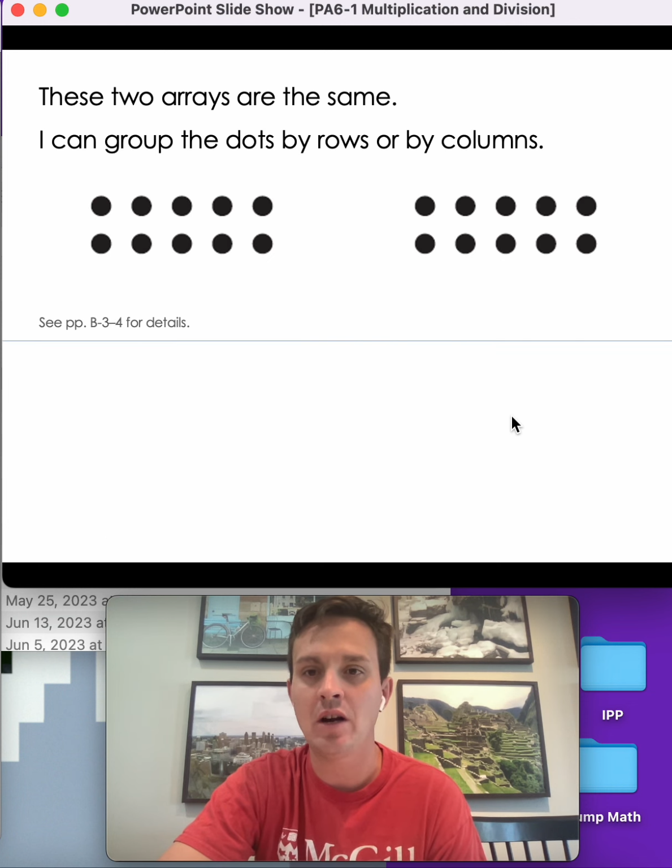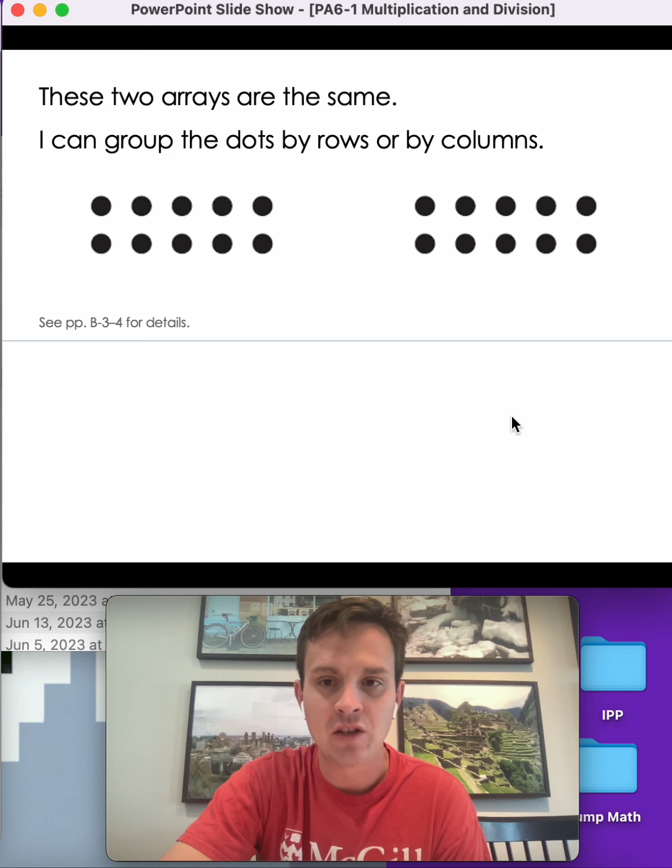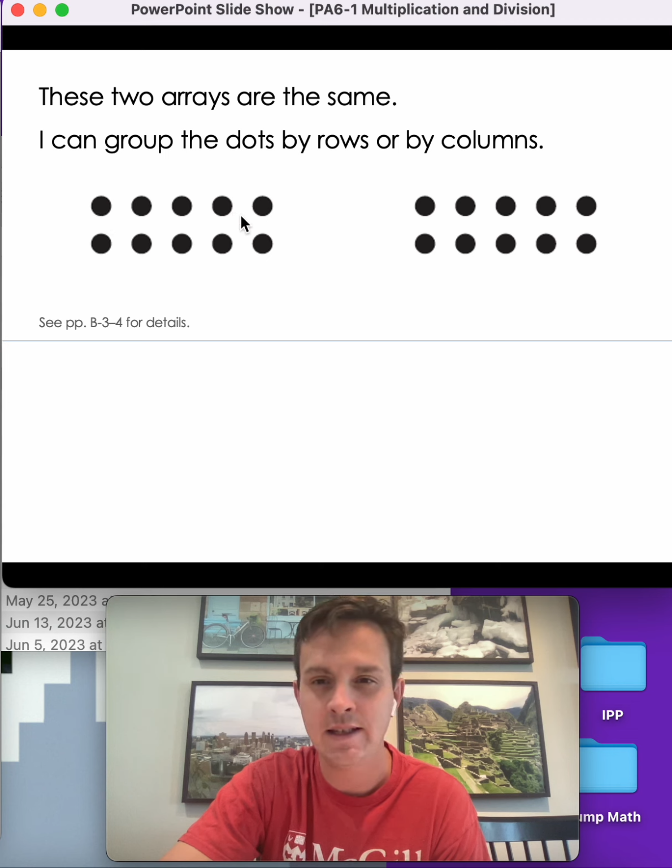Next, we're going to group arrays in different ways. So you can see there are these 2 arrays here on the screen. I've drawn it twice, but we can group the dots by rows or by columns. So imagine I'm circling these and these, or I'm circling columns.